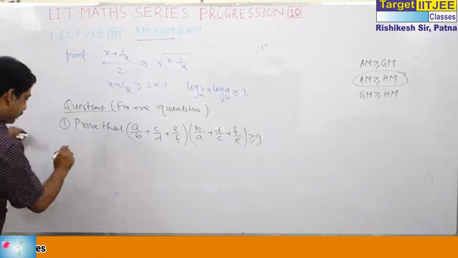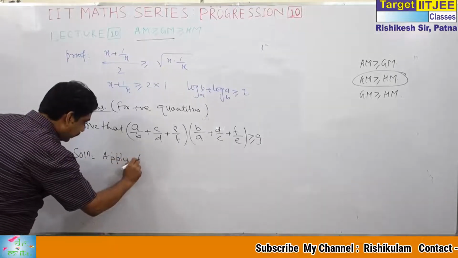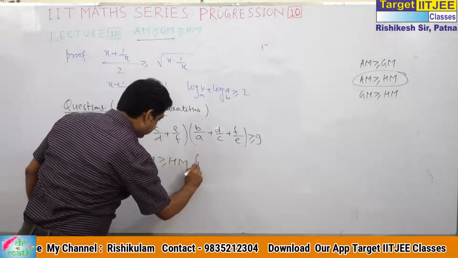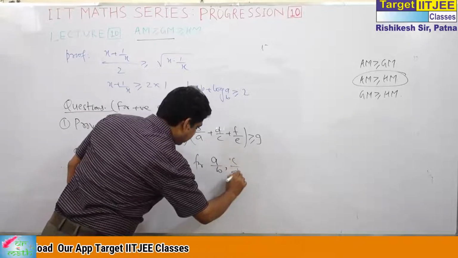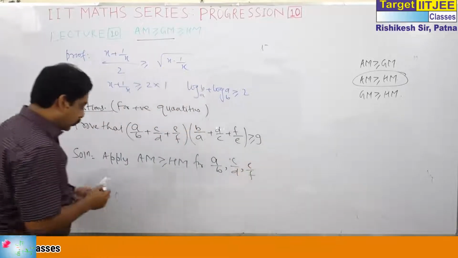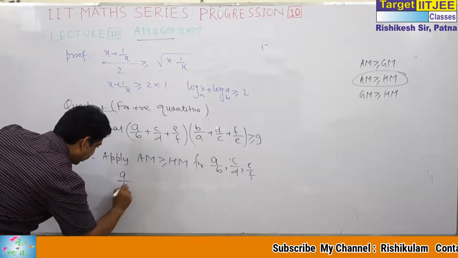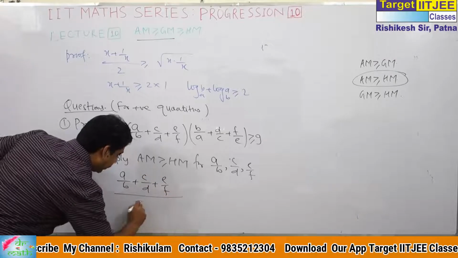The solution is a one liner. Apply arithmetic mean greater than or equal to harmonic mean for A by B, C by D, E by F. What is the arithmetic mean of these three quantities? We add the three quantities and divide by 3.